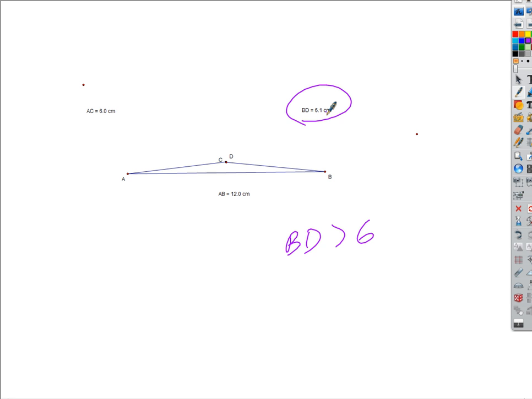Okay, so we could look at this a couple ways then. So we took the example here where AB was the longest side, but it doesn't have to be, right? If we're trying to find the lengths of side BD that work, well, what if side BD became the longest side?